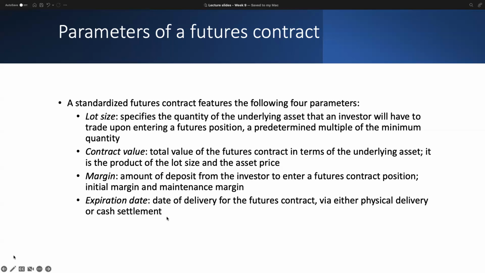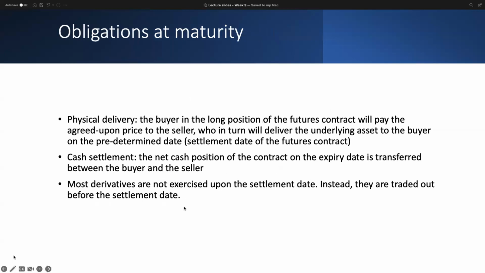We also have the expiration date, which means the date of the actual delivery for the futures contract. It is not necessarily physical delivery; it could also be cash settlement. Physical delivery means that the buyer who enters the contract in the long position will pay the agreed upon price to the seller, who will in turn deliver the underlying assets to the buyer on the predetermined date, also called the settlement date.